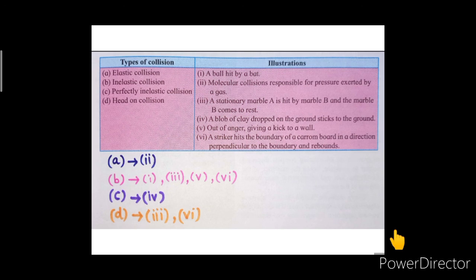So this is also an example of the head-on collision. So for the head-on collision D, the match is illustration number 3 and illustration number 6. For this question, you are supposed to write down the complete answer, as I had given just a notation, but you are supposed to write down the complete sentence.